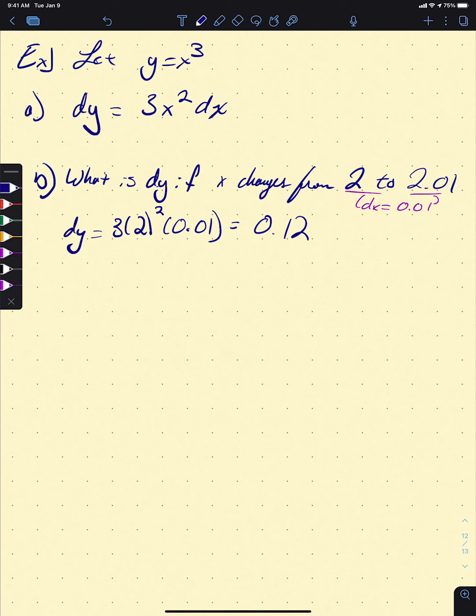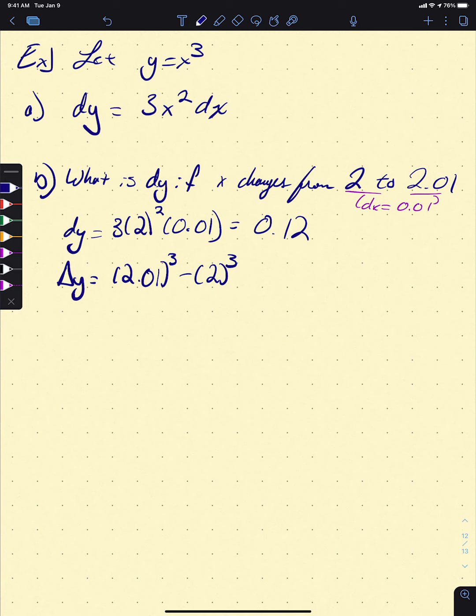But compare that to actually trying to calculate delta y here. Delta y here involves doing this. And sure, multiplying this by that is a little bit annoying, but cubing something like this is way more tedious.